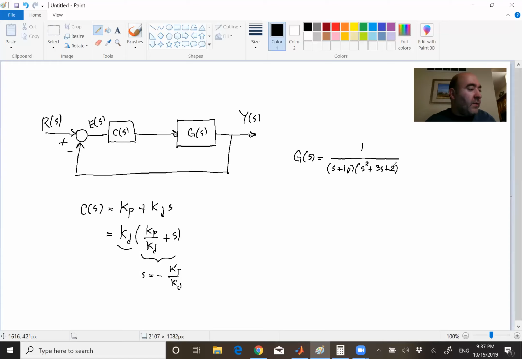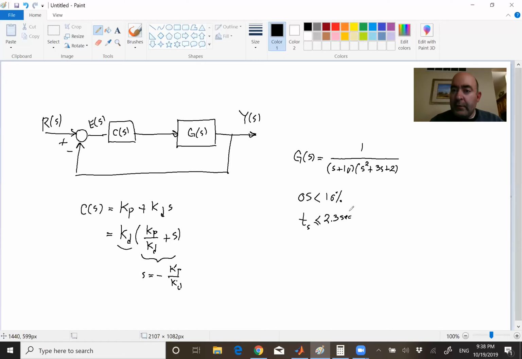The desired behavior that I want for this system is to have an overshoot which is less than 10%, and a settling time which is going to be less than or equal to 2.3 seconds. So essentially, I want to know how I should find the parameters of my controller so that I can get to these two characteristics.